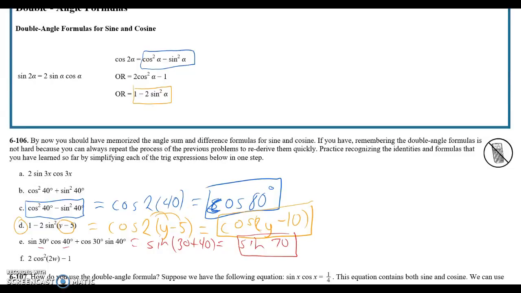Simplified version. And F, matching this rule up here. This indicates that it's equal to cosine of 2 alpha, so cosine of 2 times, what is alpha? Right here, 2w. So cosine of 4w. Okay, hope that helped.